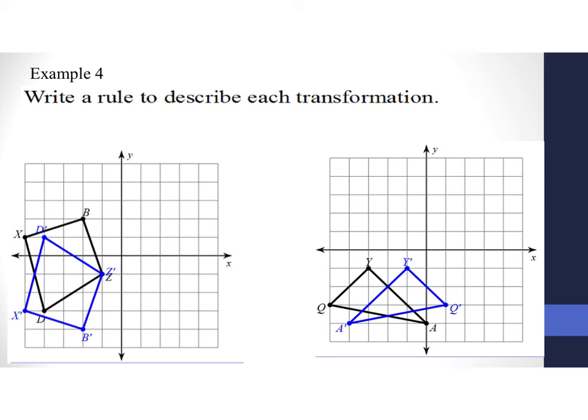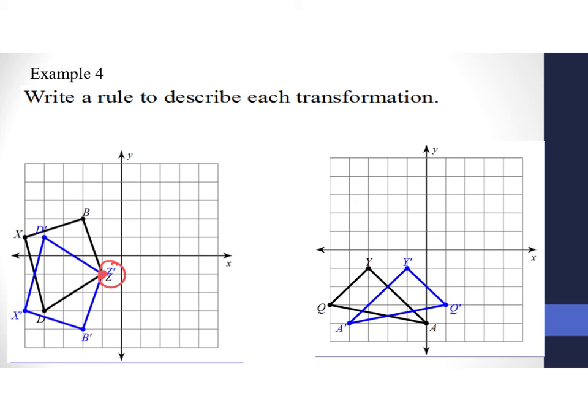So when I look at this first one here, the first one is a little bit easier because anytime I have points that overlap themselves, like they do right here for Z and Z prime, that tells me that my graph is probably going to be reflected over that point in some way, shape, or form. So I can either have it be a vertical translation where my graph would come in and it'd be reflecting over that, but I can tell right away that that's not going to work because I have nothing over here in this region.